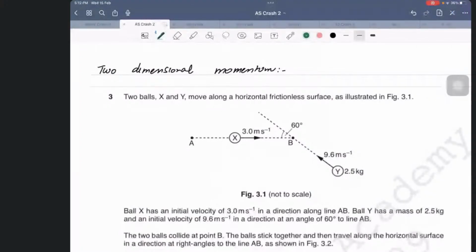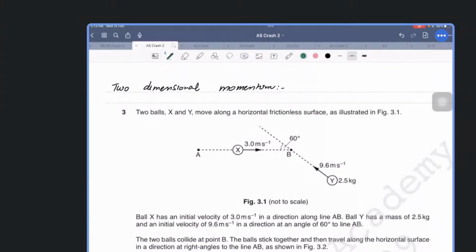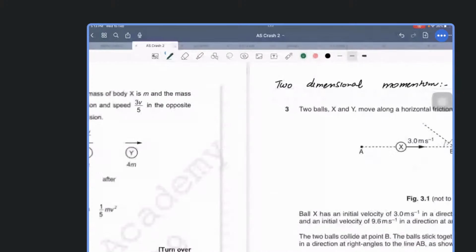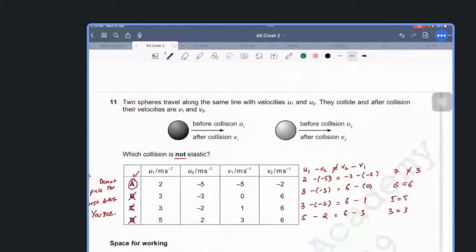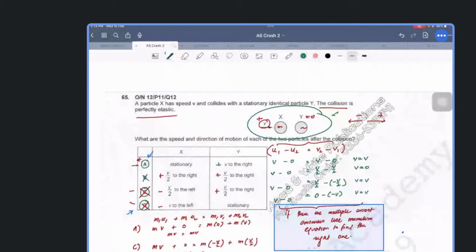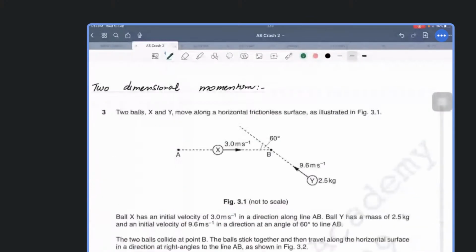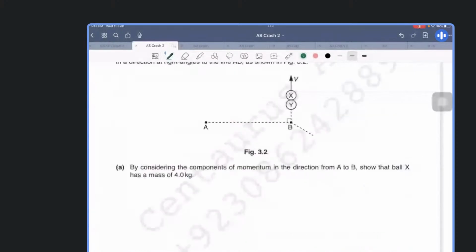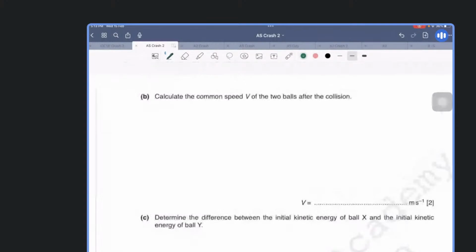Yes? Yes, I can. Yes, well. Question number 3B. Wait a second. You send me some question? Wait a second. 3B. Are you talking about this one? Chini?